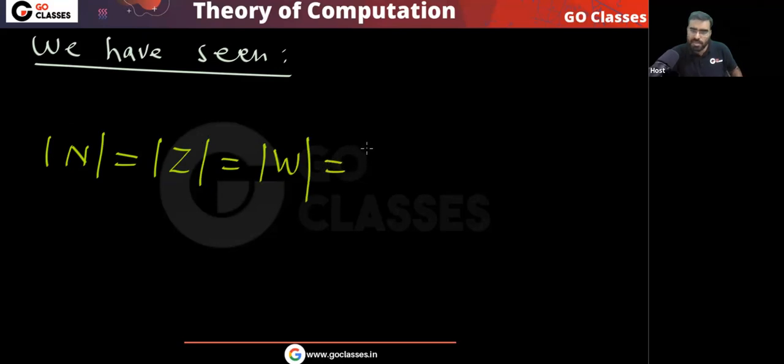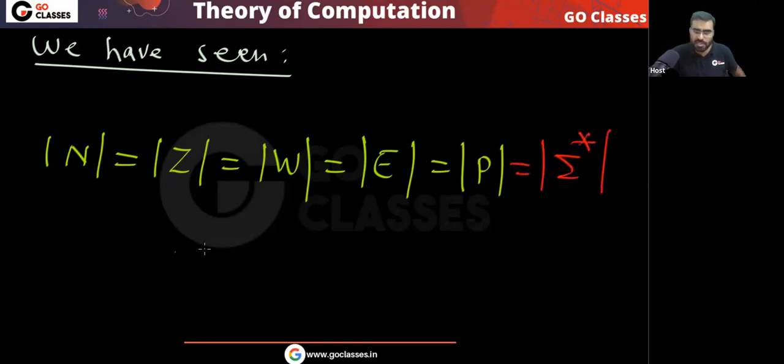We have seen that the size of the set of natural numbers is the same as the size of integers, the same as the size of whole numbers, the same as the size of E, the same as the size of P, the same as the size of sigma star, all these things.